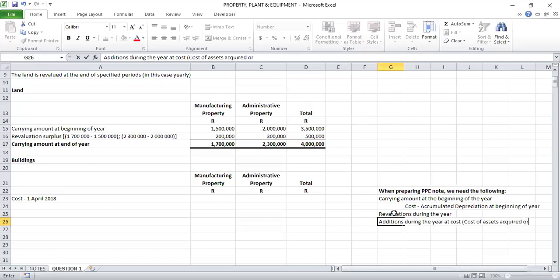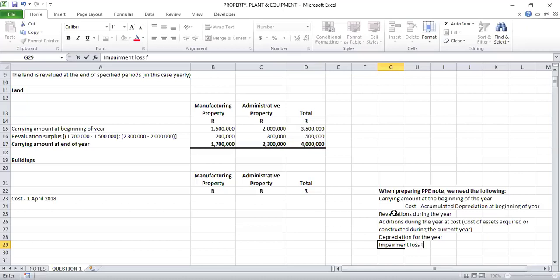or constructed during the current year. Right, you need the depreciation for the year. All right, you need maybe the impairment loss.